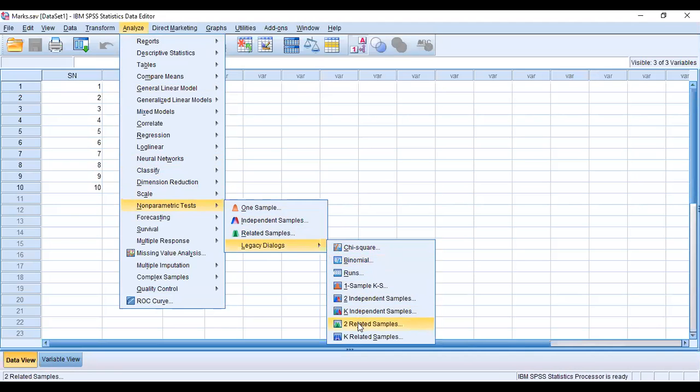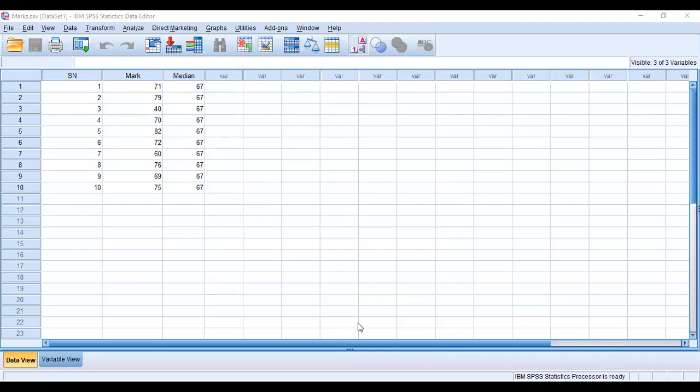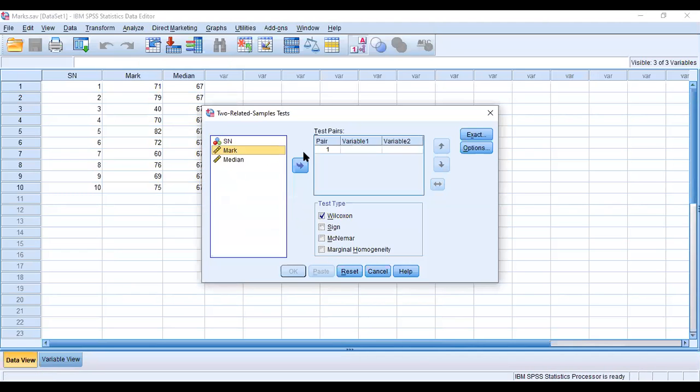You can see you treat it as two related. You do not treat it as one sample. Two related, because what you are relating is the mark with the median. When you click on it, you move the mark and the median, so you are pairing the median, because the median is constant for all of them.